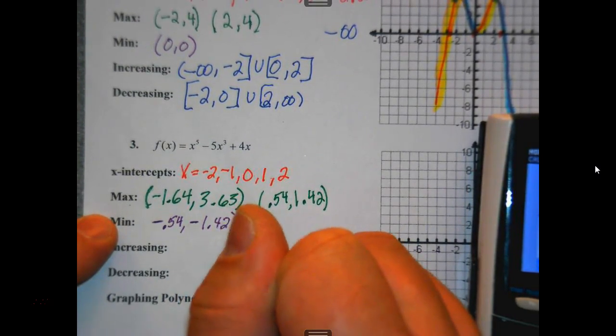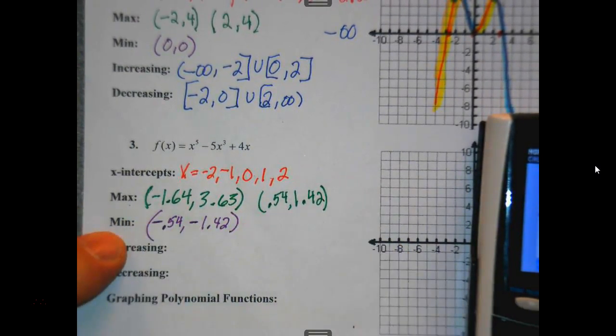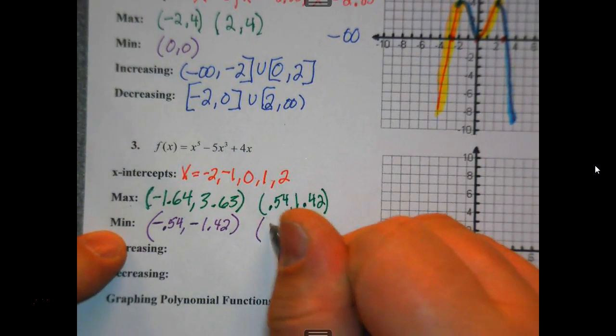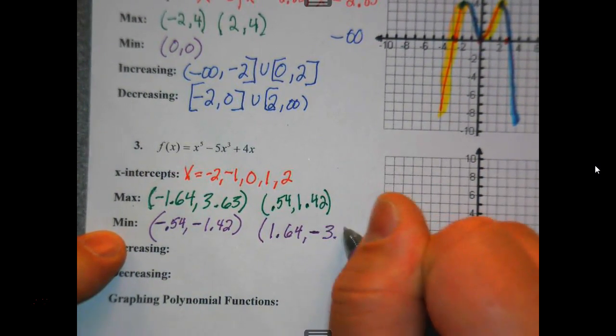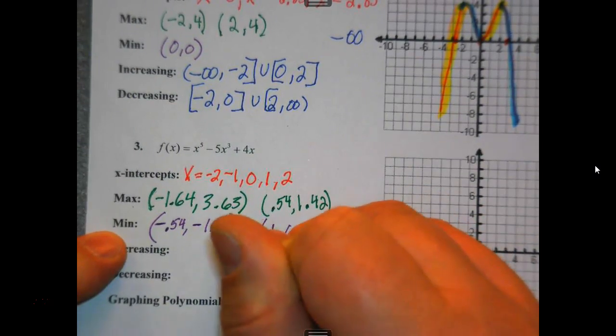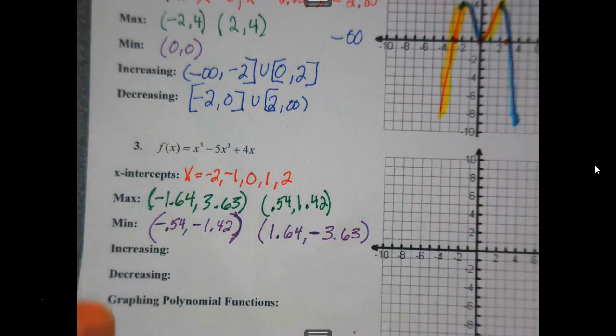Hey, what do you think the next minimum point is going to be? Very good. 10 million points for James.